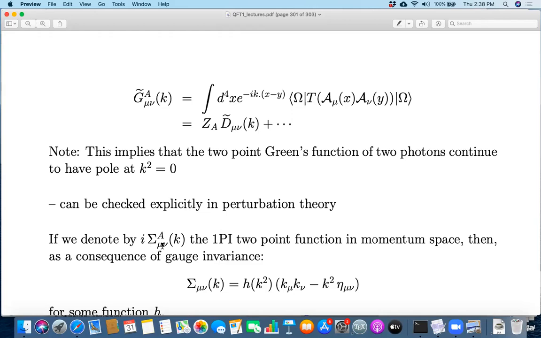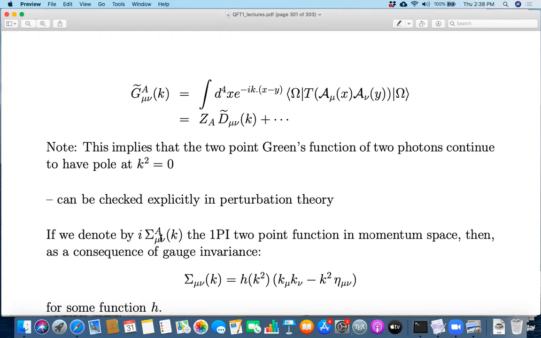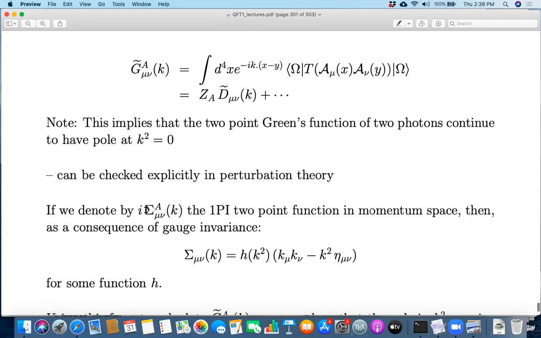And this is proved explicitly, not by using this indirect Lorentz invariance argument, but by using what is called the gauge invariance of the theory. One can show by general properties of the theory that sigma mu nu has this general structure.